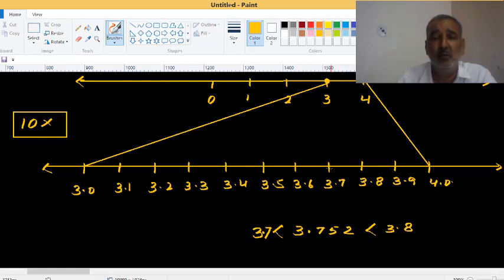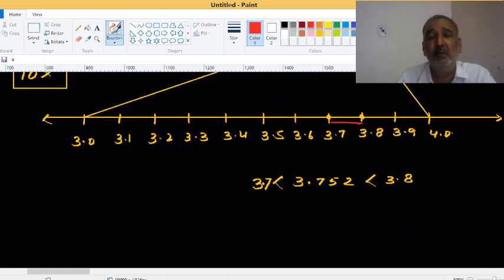So I'm locating these points here. Between these two numbers, your point 3.752 will lie.